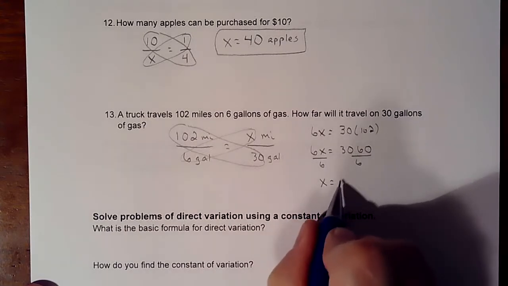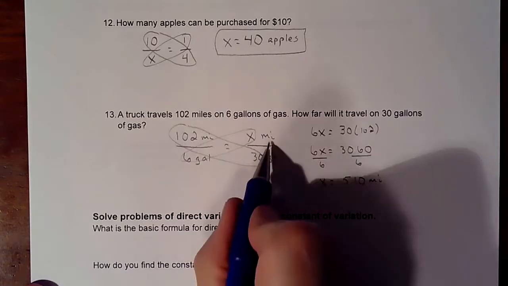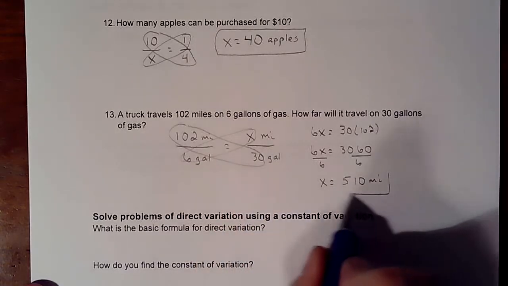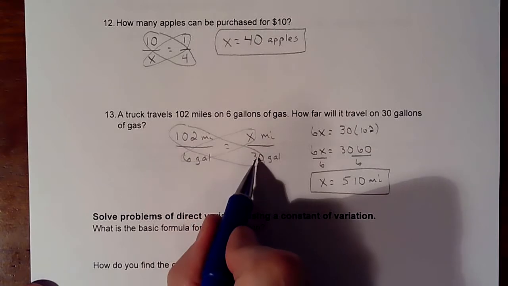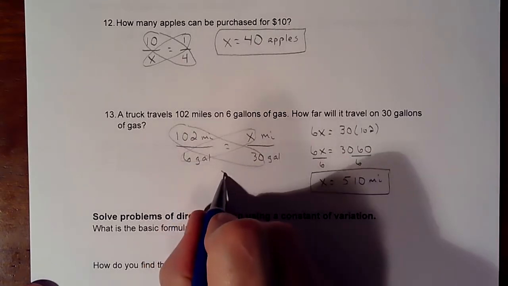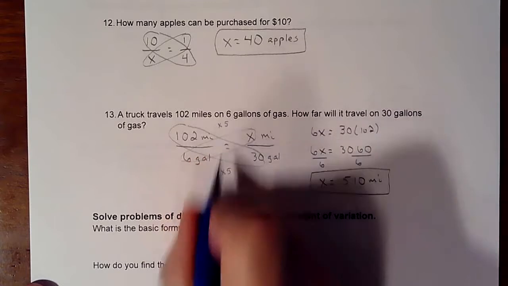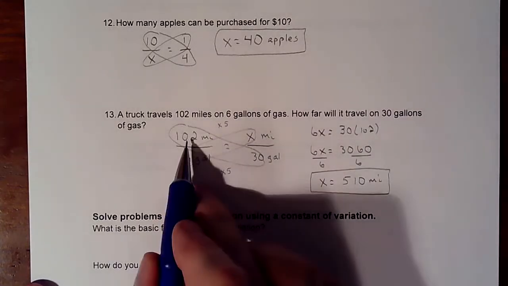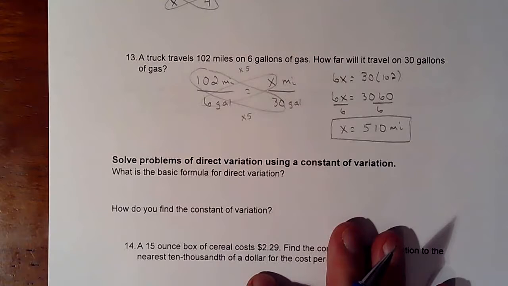X would be 510. And our label that we didn't know was miles. Okay, so that shortcut works. If we know that to get from this denominator to this denominator, it's by multiplying by 5, then if we kept everything proportional, you could also multiply the top by 5. And 5 times 102 would get you your 510. All right. So a couple others.